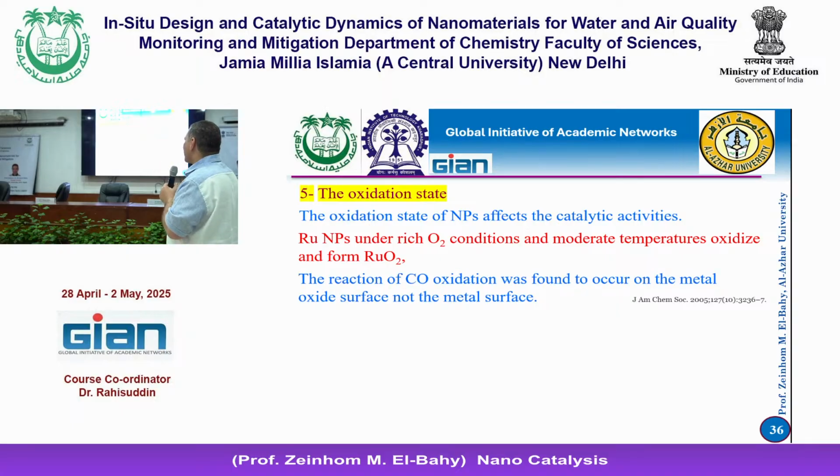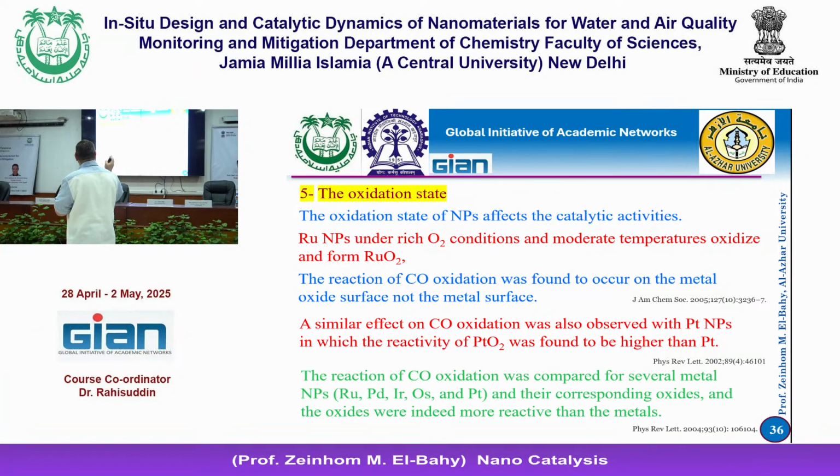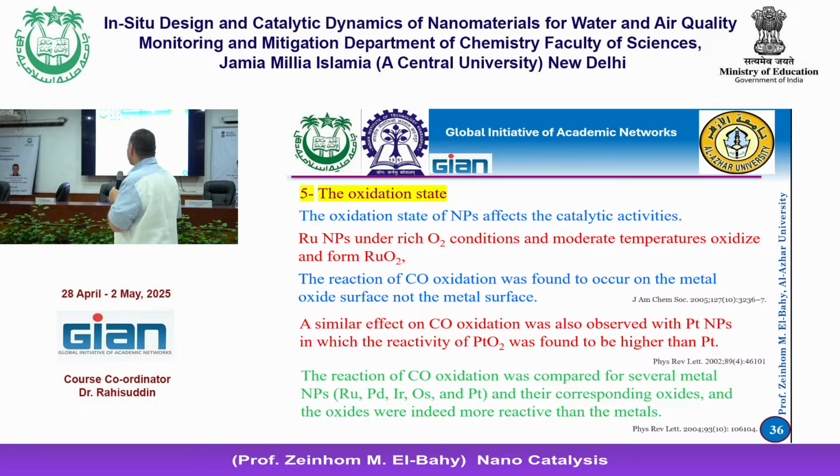Sometimes decreasing the oxidation state may increase the catalytic activity, and increasing the oxidation state may decrease the catalytic activity, case by case. I think these are the different effects of platinum metal and platinum oxide, and these are different cases.